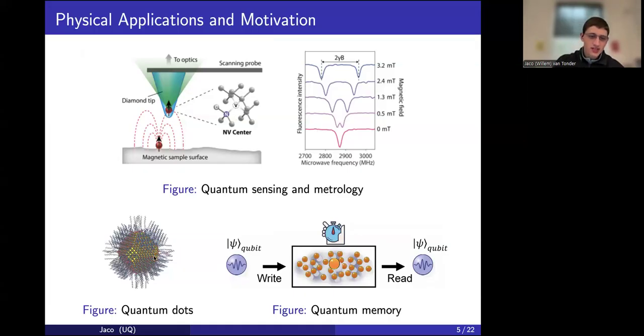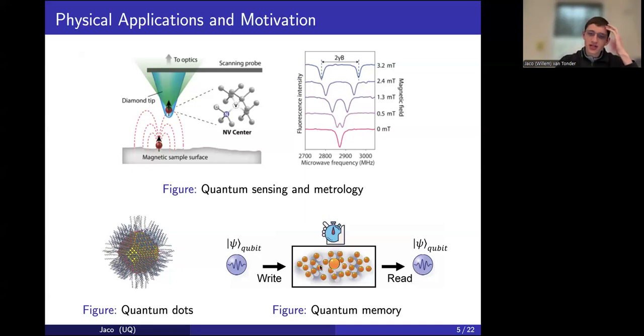Another system is quantum dots, in which it describes the hyperfine interaction. And then lastly, a more technological application is in quantum memory. Here we'd like to store a qubit possibly on, say, the central spin, and then we want to be able to keep it in that state, not be perturbed by the environment.